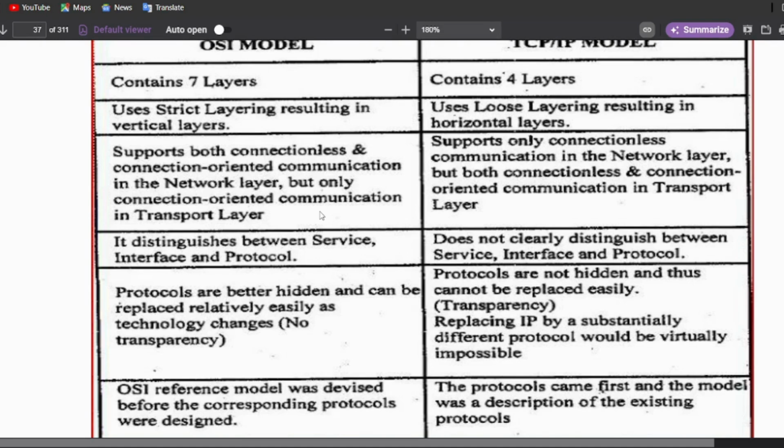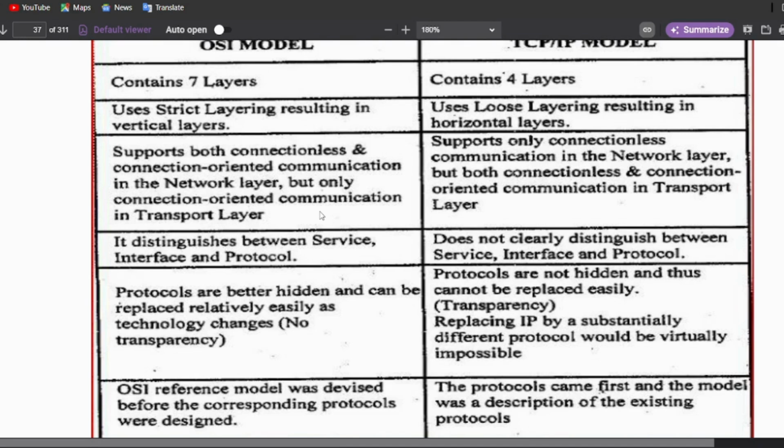The TCP/IP model does not clearly distinguish between services, interface, and protocol, because in the OSI model, for servicing purposes we have the session layer, presentation layer, the data link layer for interface, and the application layer, and protocols we have in all the layers. So it differentiates exactly what layer gives what services, interface, or protocol.